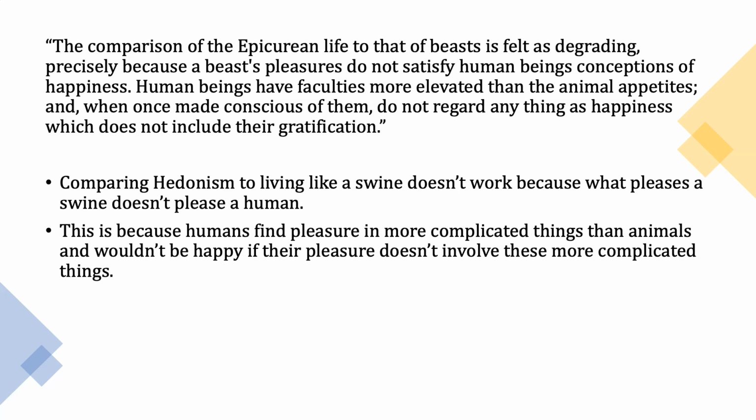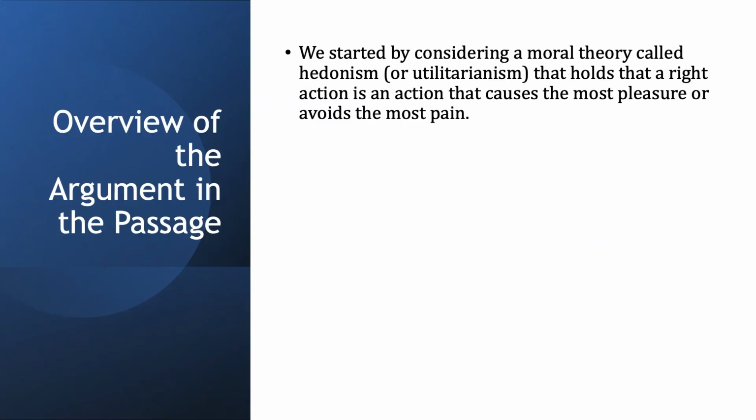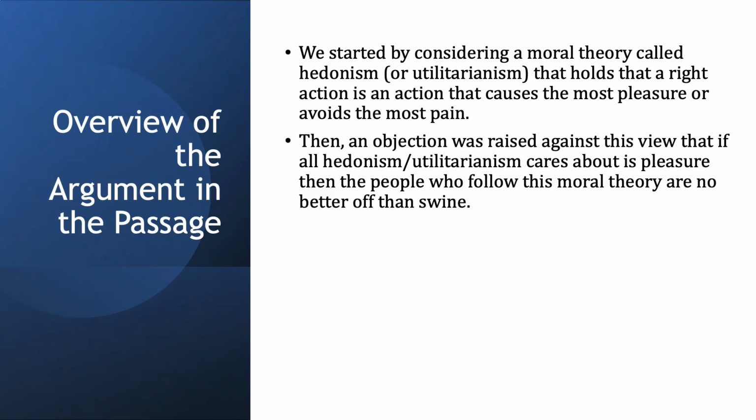Okay, so now we're to the end of the passage. Let's look over the argument that we find here. All right, here's an overview. So we started by considering a moral theory called hedonism, or utilitarianism, that holds that a right action is an action that causes the most pleasure or avoids the most pain.